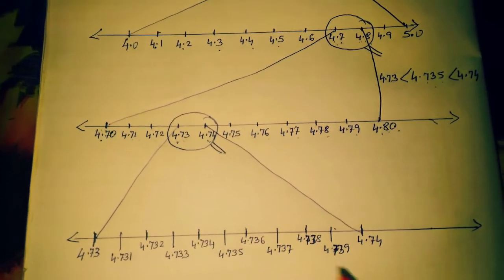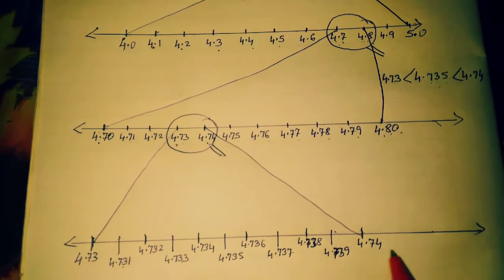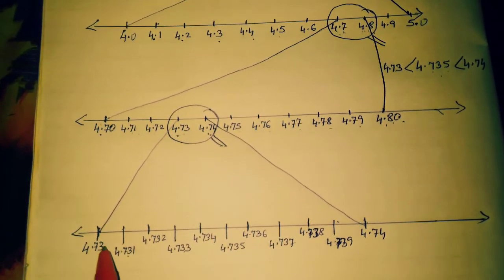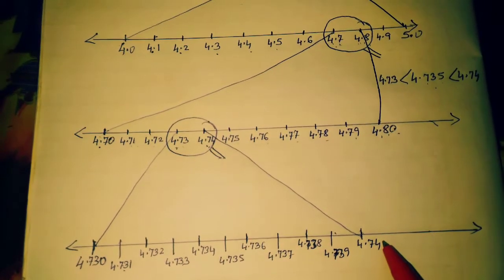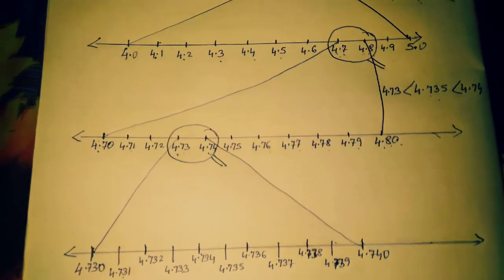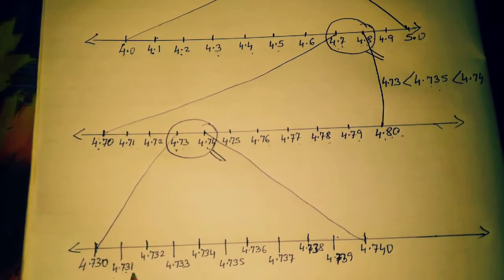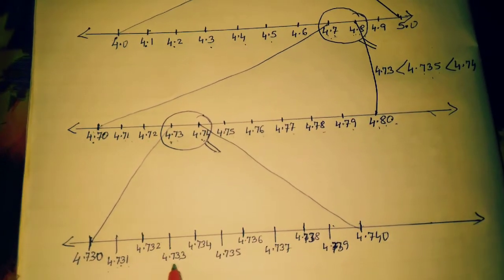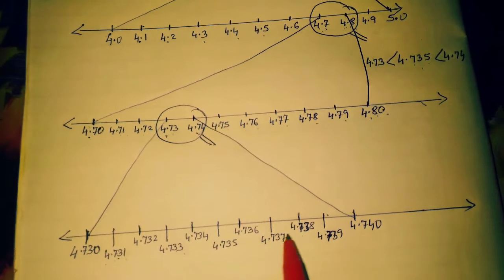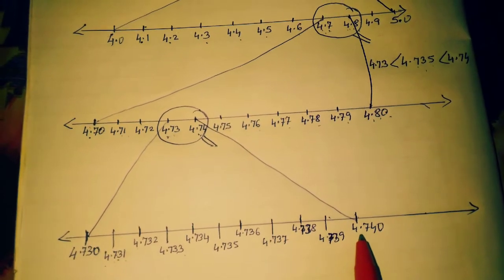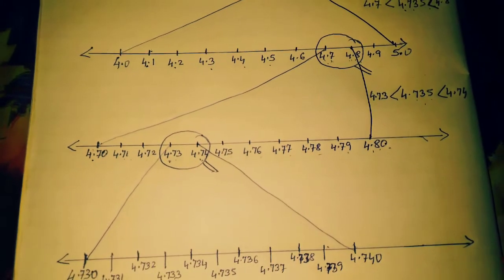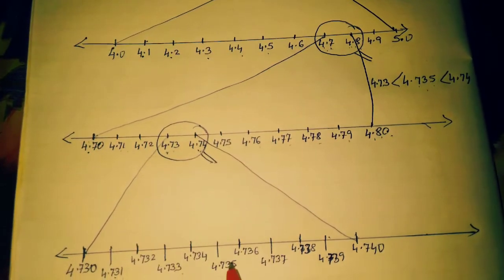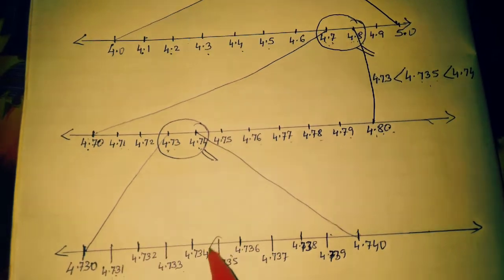So again if we take 10 divisions between 4.73 and 4.74, 4.73 you can write as 4.730 and 4.74 you can write as 4.740. So again, taking 10 divisions, coming 4.731, 4.732, 4.733, this way it is going till 4.739. And now the question is given 4.735. So where is 4.735? It is coming here, 4.735, this part.